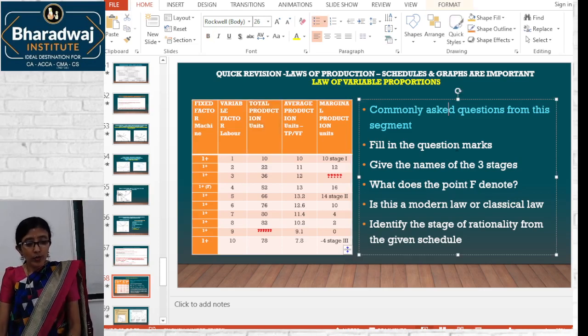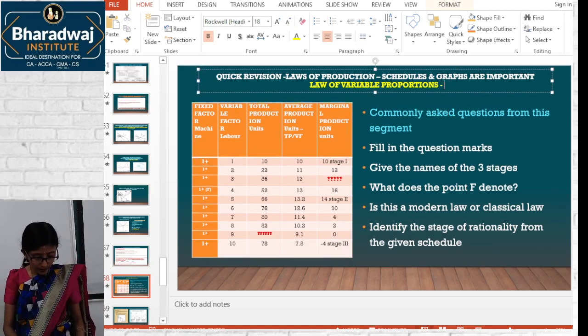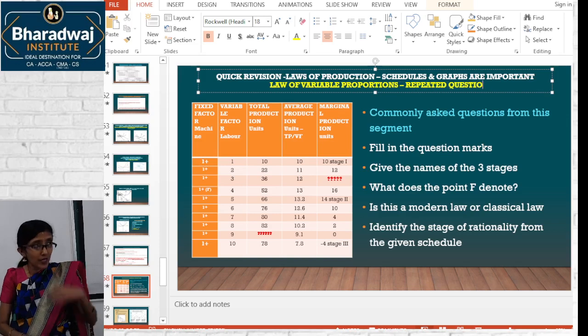Okay. Now, please note down the commonly asked questions from the law of variable proportion, a repeated question in the examination. Every time they shuffle the question and ask, but this is a repeatedly asked topic from this segment.